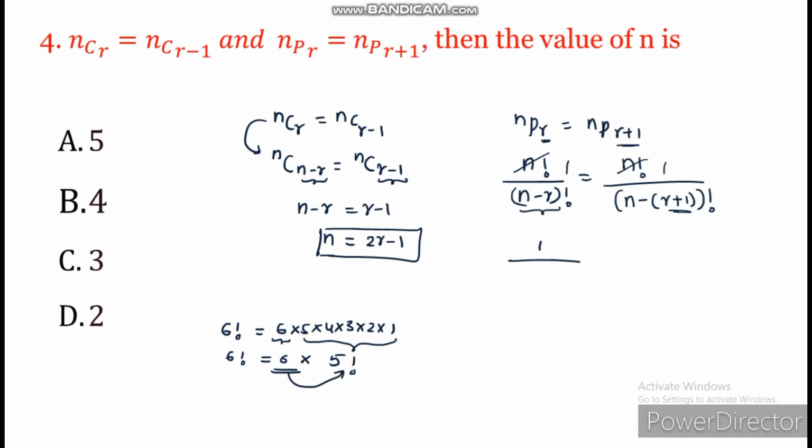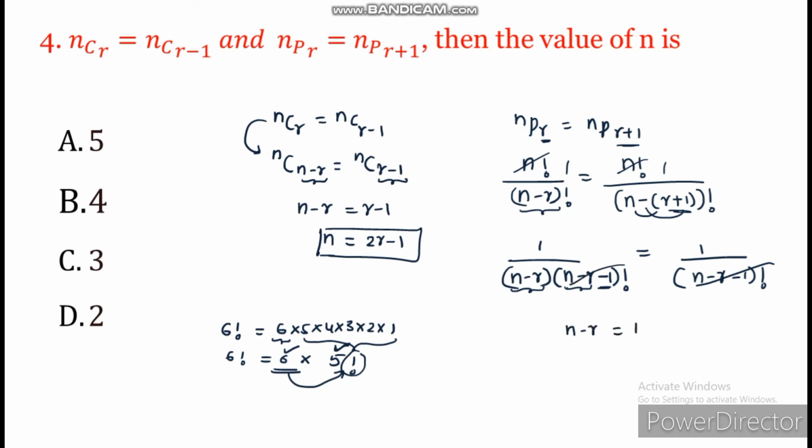So I write this number n minus r as it is, and then 1 less, n minus r minus 1, factorial. Similarly, the number as it is times the number minus 1 factorial. Both of them get cancelled. We get n minus r equals 1 if you compare on both sides.